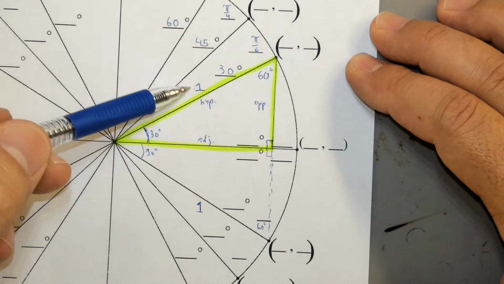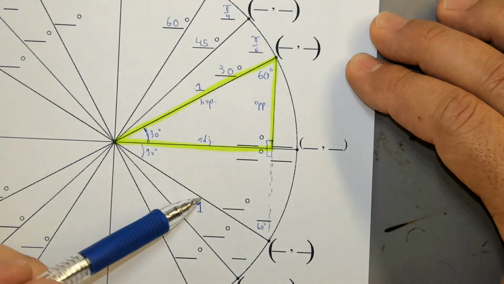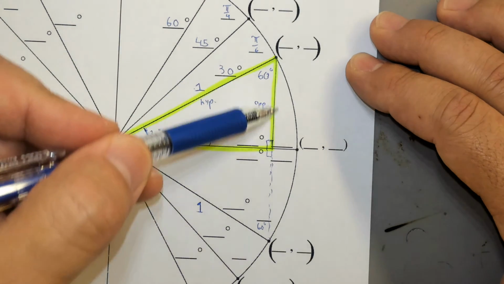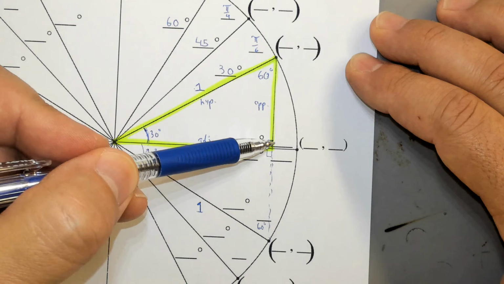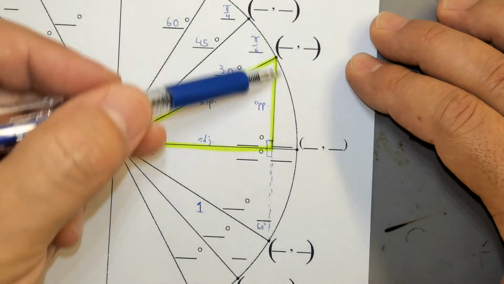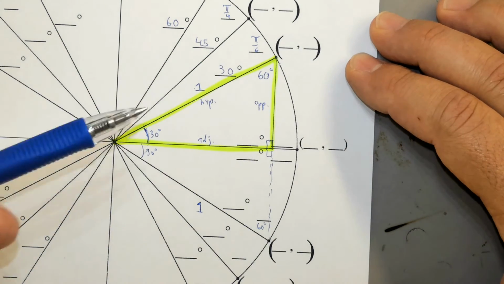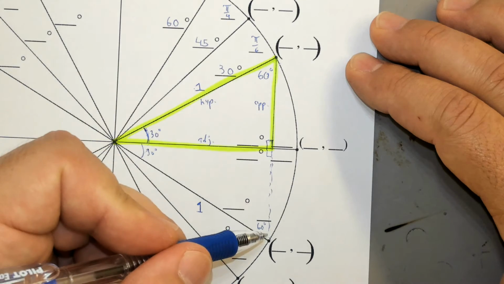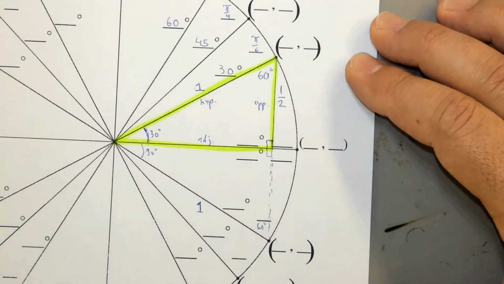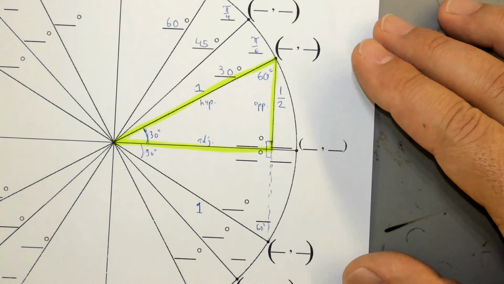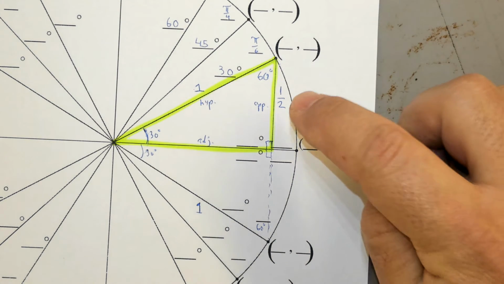And like we said, if this is 1, and if this is 1, and if this is 1, then what would this be? Well, if you're thinking it'll be half of this, correct. And what's half of 1? Well, it's just a half. So that length is 1/2.